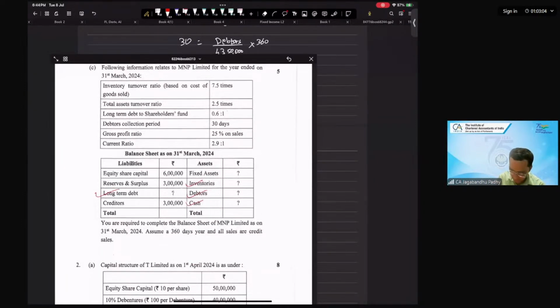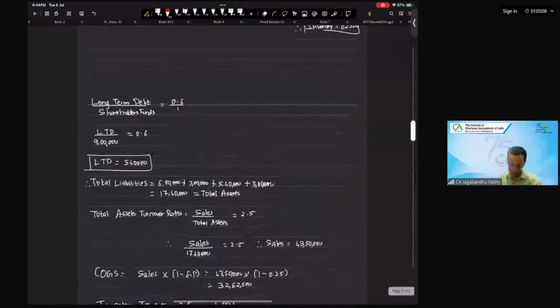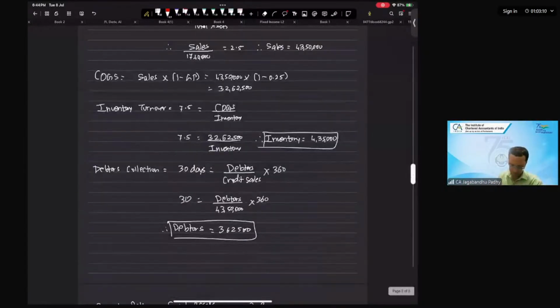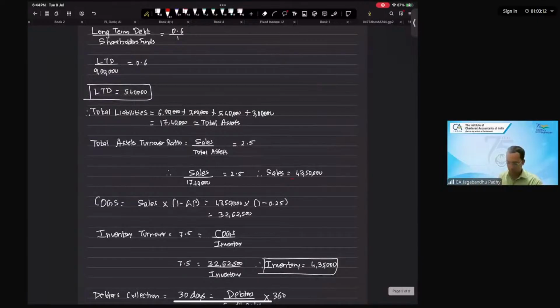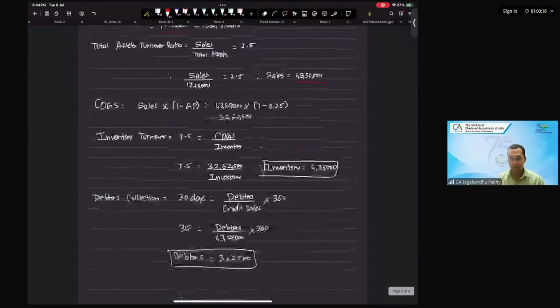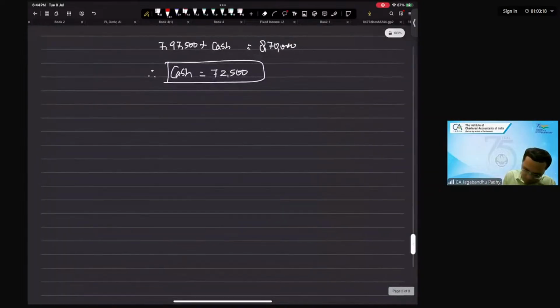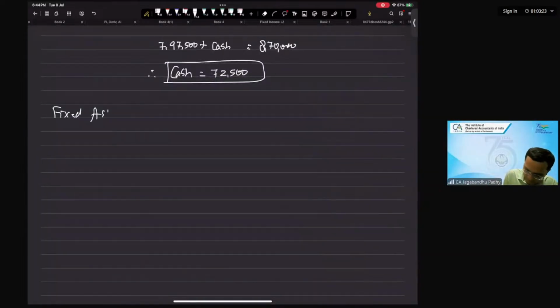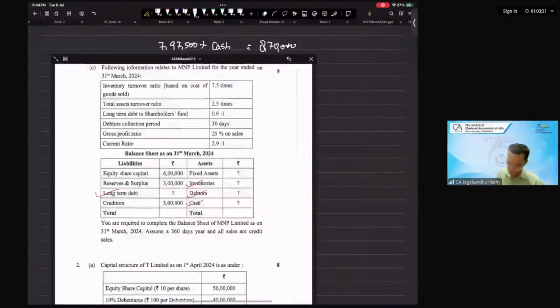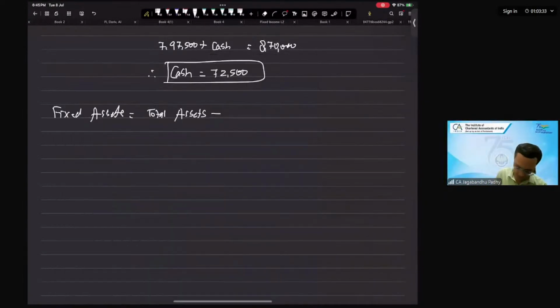Okay, so the only thing left out now is fixed assets. We can definitely get the fixed assets by looking at total assets. Total assets is anyway 17,40,000. So fixed assets will be equal to how much? Fixed assets will be total assets minus inventory, debtors, and cash.